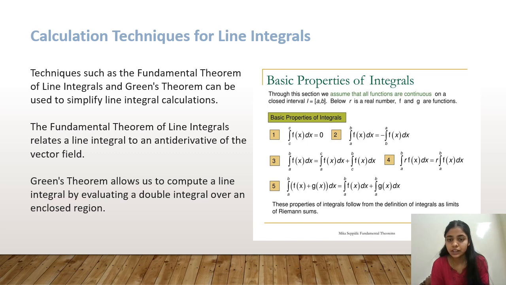In the second condition, integral from a to b of f of x dx equals minus integral from b to a of f of x dx. It is the antiderivative. Third, integral from a to b of f of x dx equals integral from a to c of f of x dx plus integral from c to b of f of x dx. These are the properties of integrals from the definition of integrals as limits of Riemann sums.